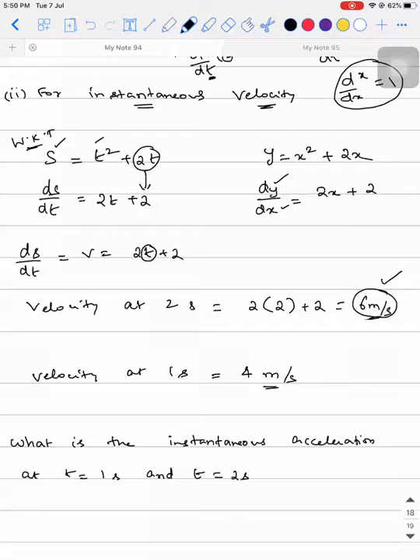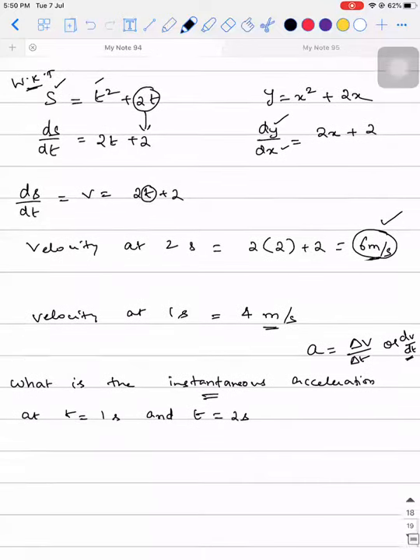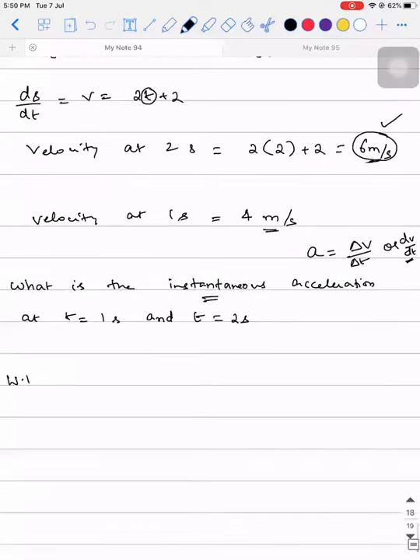So for me to get instantaneous acceleration, instantaneous means differentiation. What should I differentiate to get acceleration? So A is equal to delta V by delta T or dv by dt. So I need to differentiate V with respect to time. We know that V is equal to 2t plus 2. Then what is dV by dt?